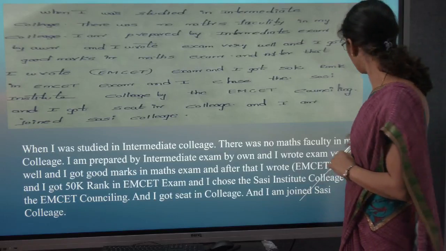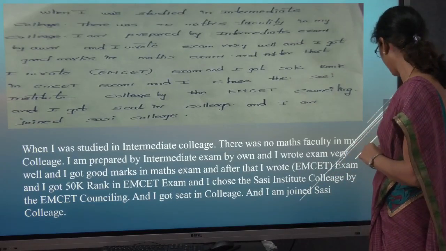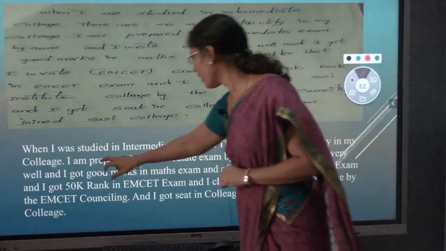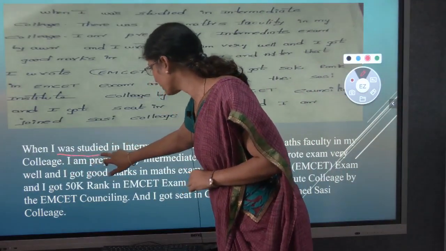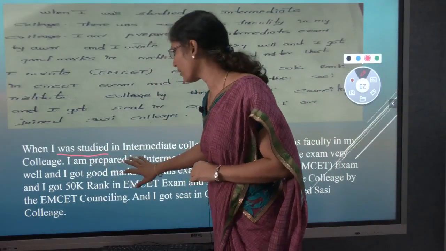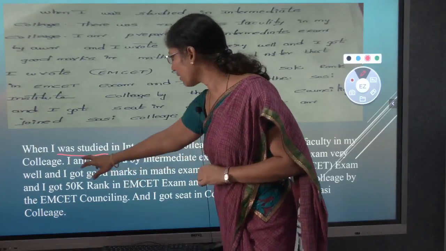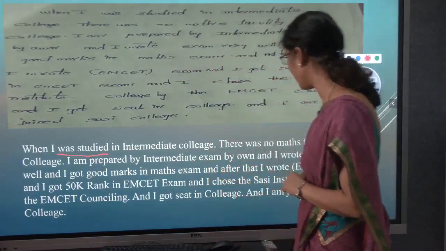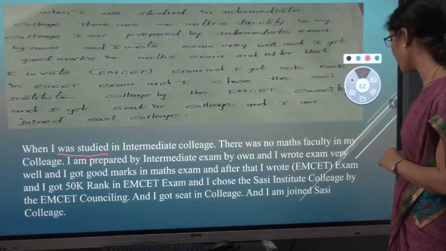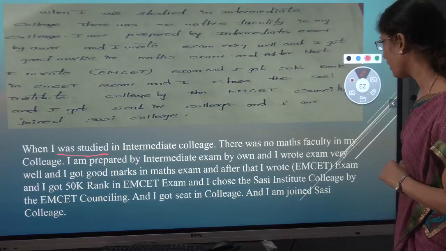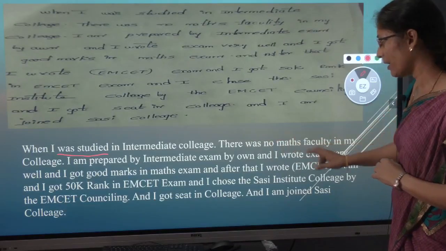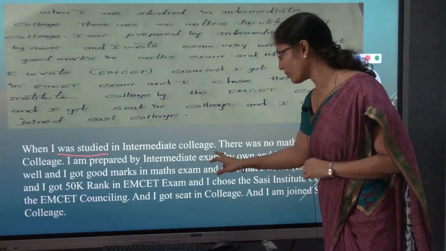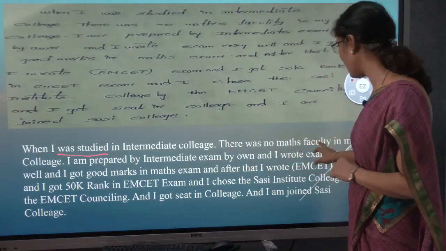See the first line, and we can understand what his standard is and where his level is. "When I was studied in intermediate college." It's not a complete sentence, but he put a full stop, and again he started another sentence.